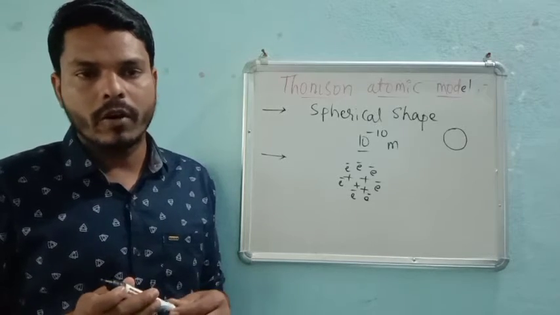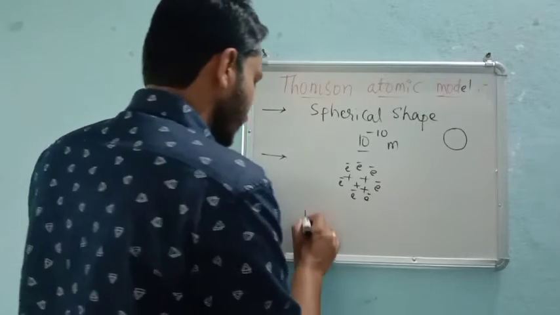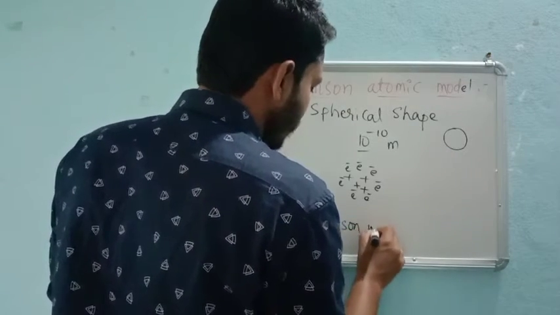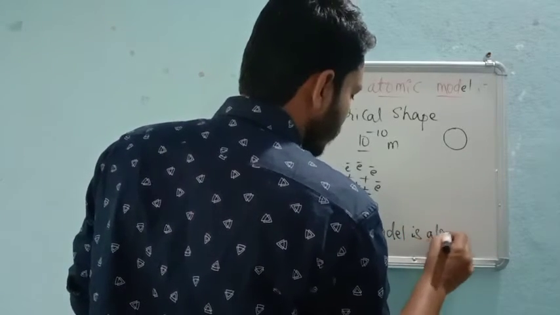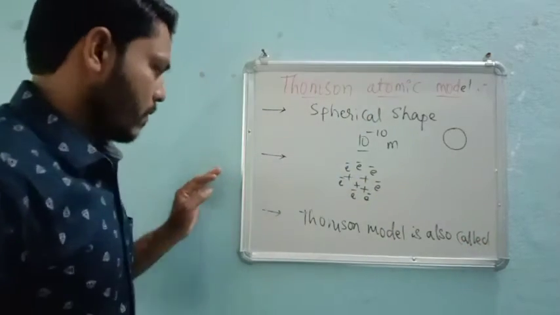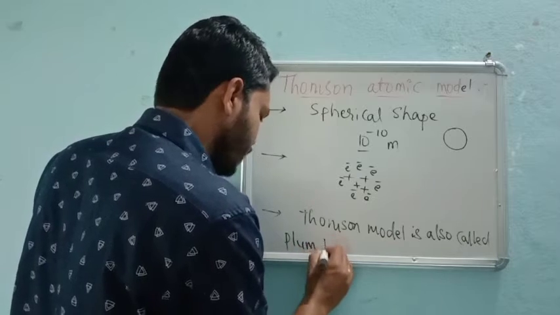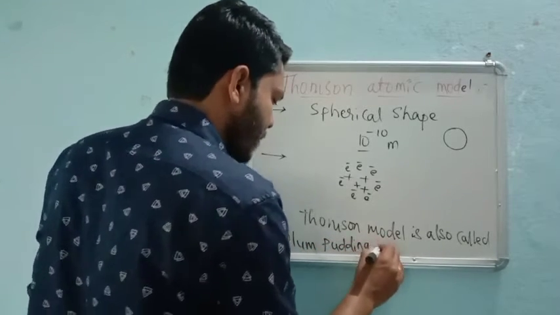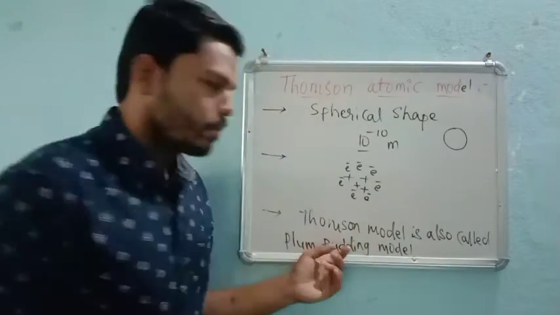And the next point: the Thomson model is also called the plum-pudding model, right?